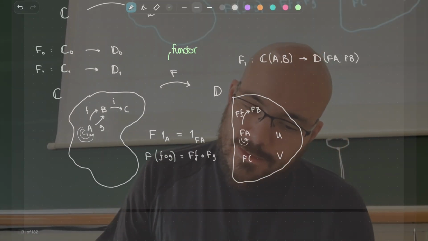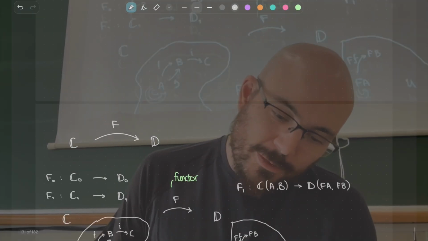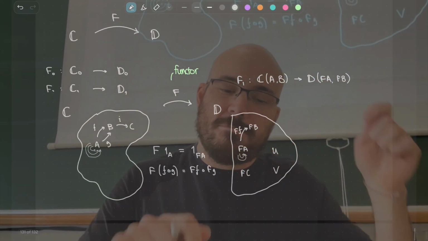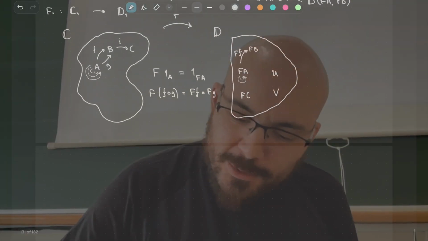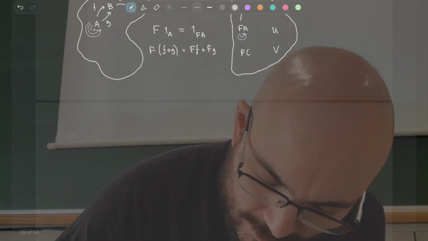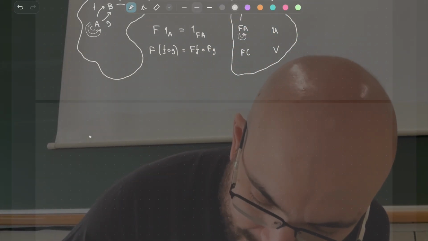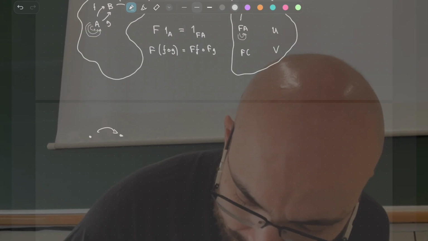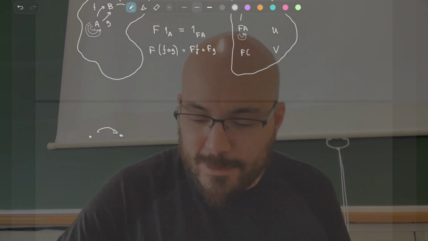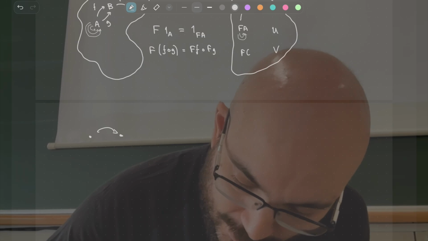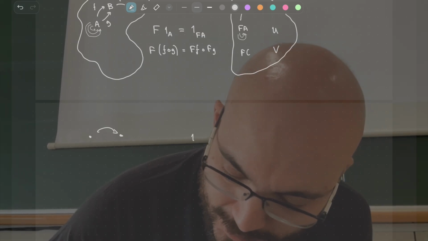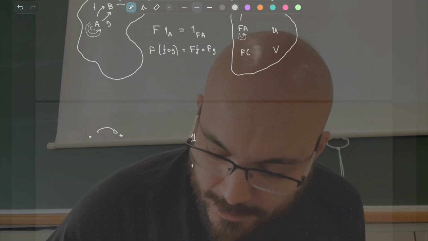We could start, usually I do that, but I don't want to do this now, from silly examples. Okay, let's do it now. Let's take the category 2. The category 2 looks like that. And let's take the category 1. So the category looks like that.